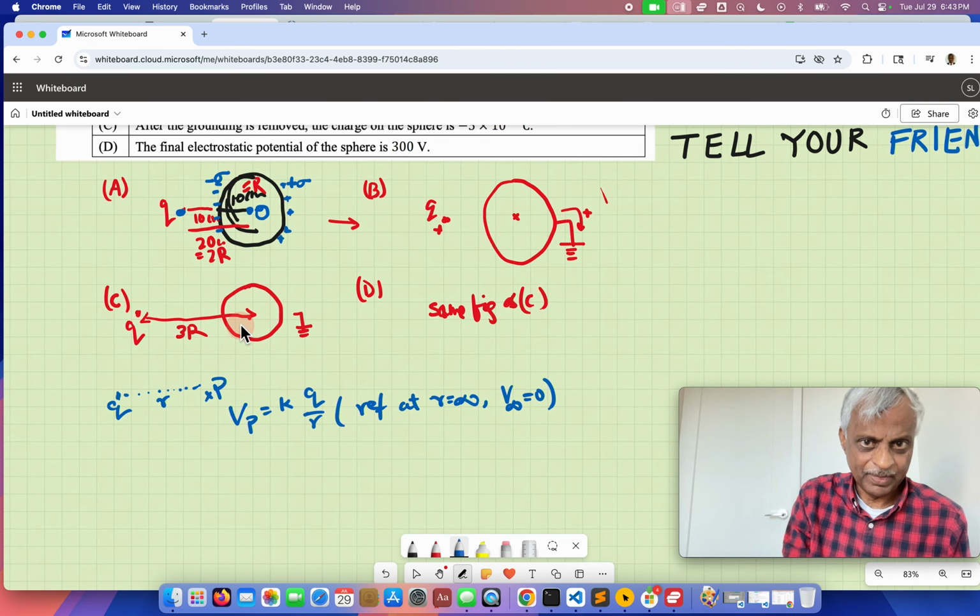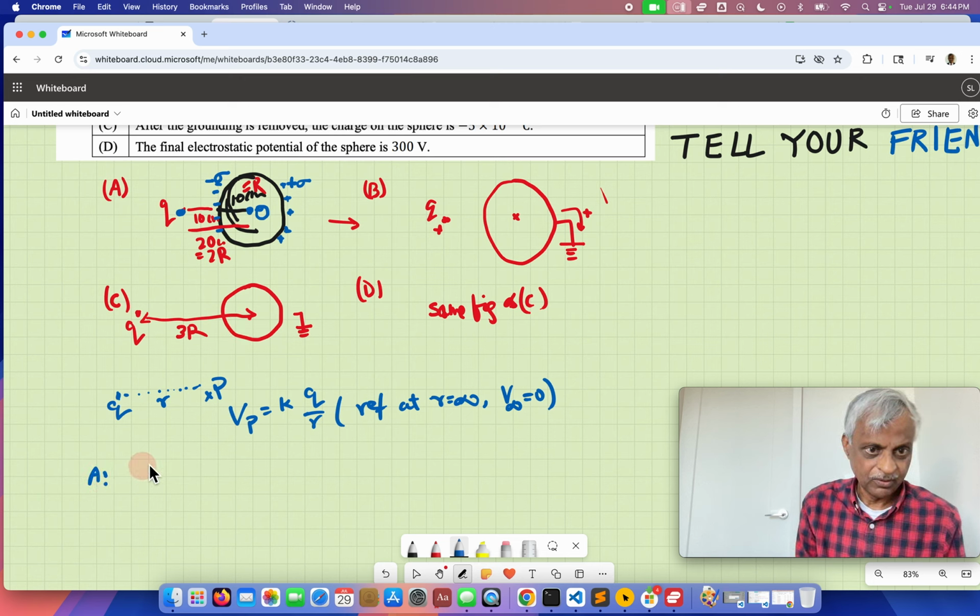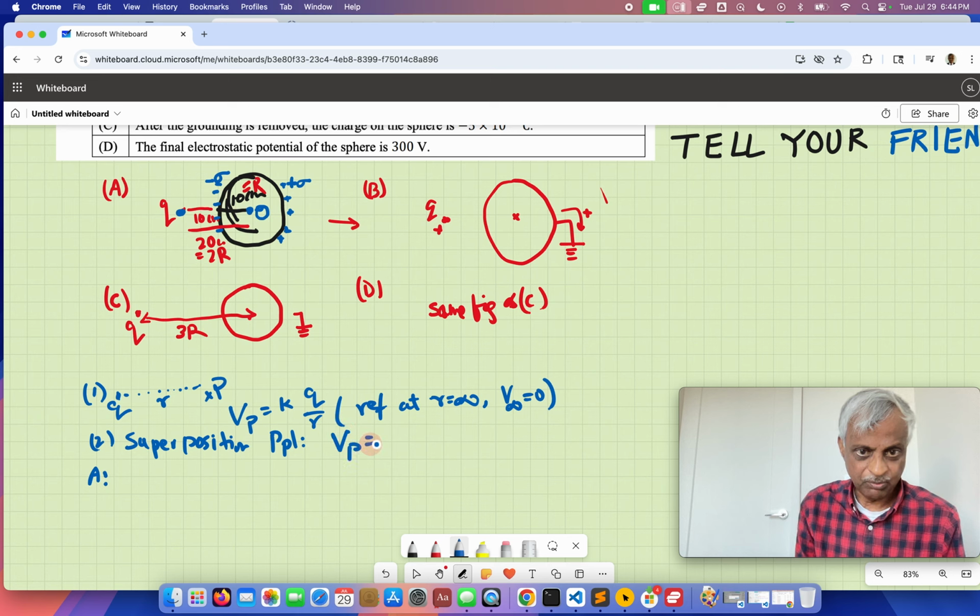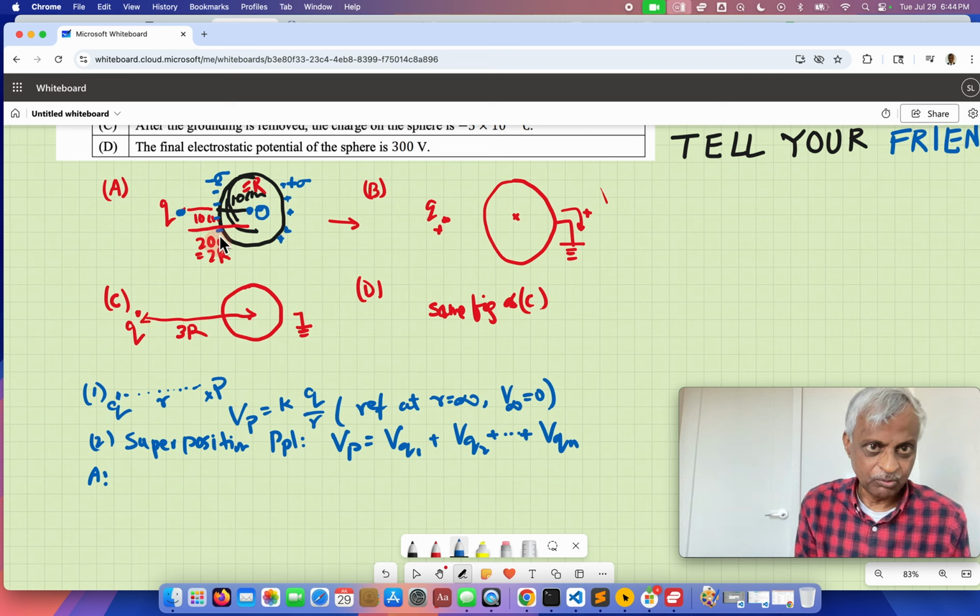So the way A will work out is, you need this information and you need the superposition principle. So V at P will be V from each charge, as many charges as I've got. Here we have a whole bunch of charges on the sphere, on this side and on this side.